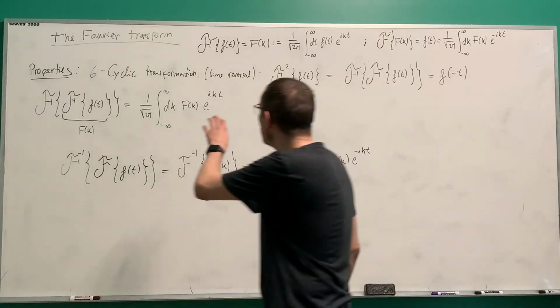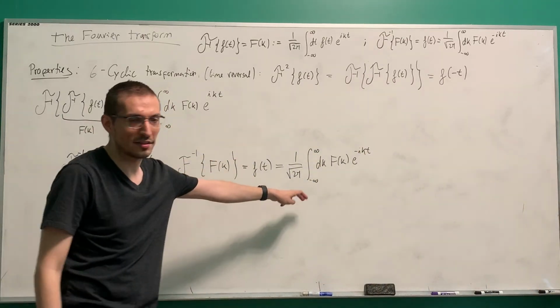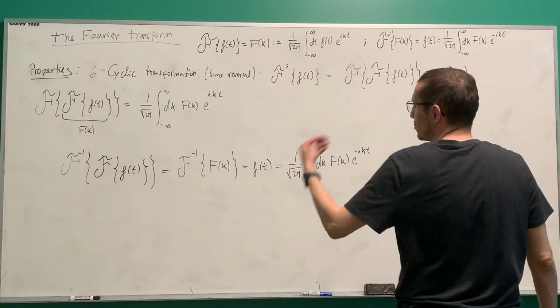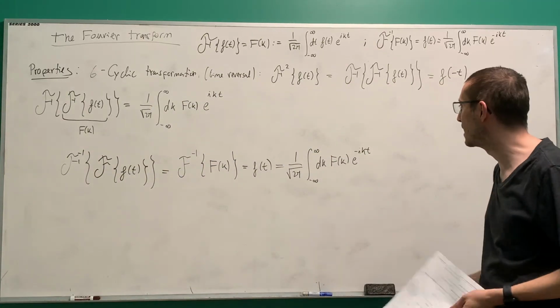Now, this one looks a lot like that one. The only difference is a minus sign in there. Well, that's the difference: we're doing a direct transform versus an inverse transform.